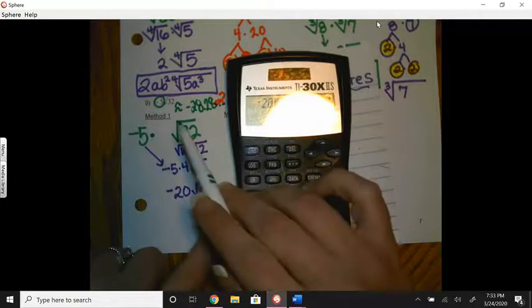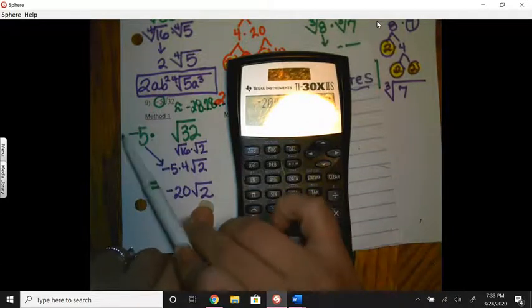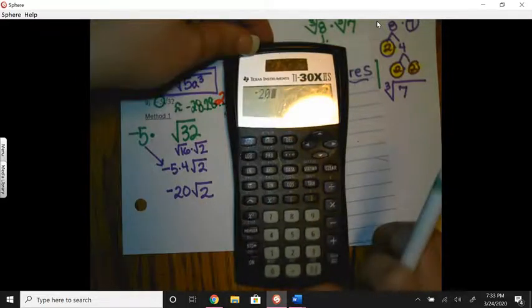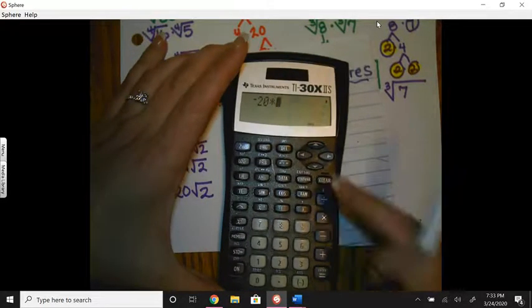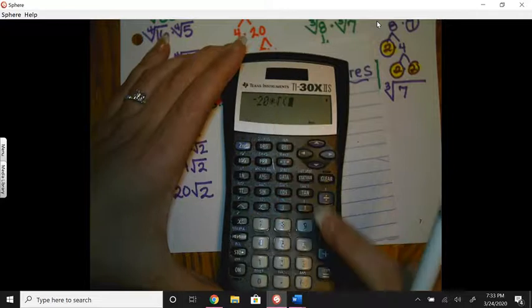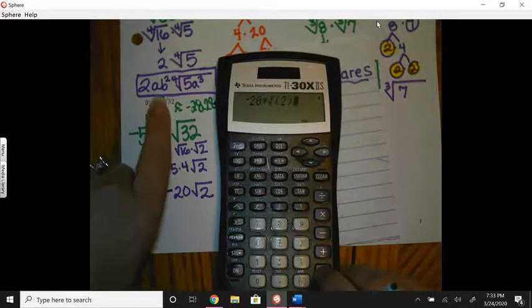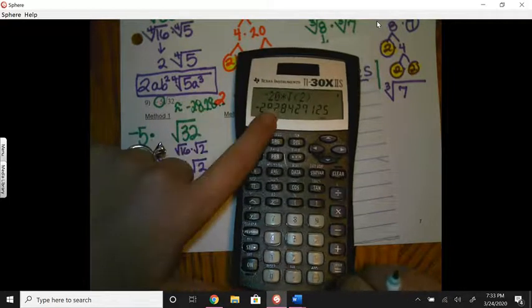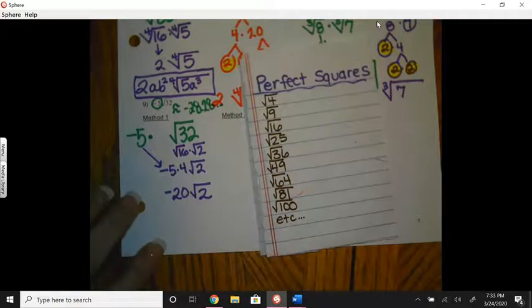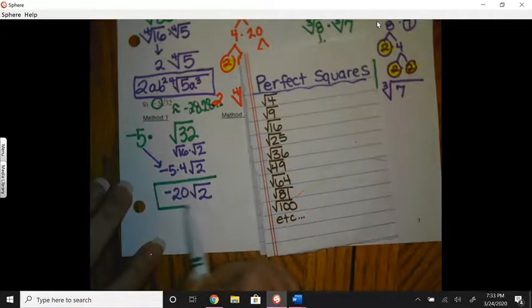For those of you who are worried about catching mistakes or forgetting to bring down the negative 5, always check by plugging your answer into the calculator and then checking what you get when you plug the original problem in, and it should come out to be the same decimal. So that's a nice way to check your answer.